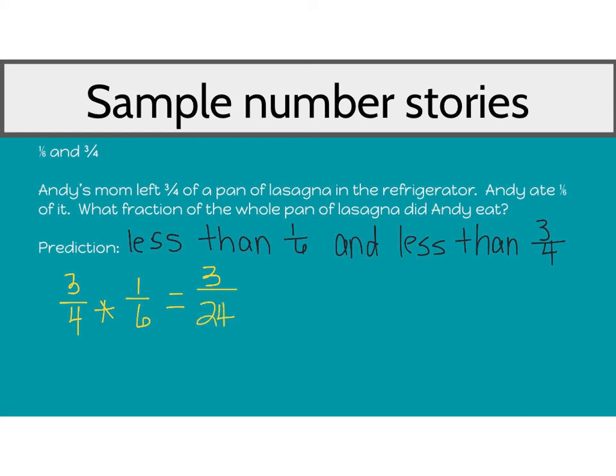So our answer is going to be 3/24 of a pan of lasagna. Or as my husband likes to say, lasagna, just for fun. Okay, so there you have that problem. And we made our prediction, we multiplied, we got our final answer, and that's our sample.